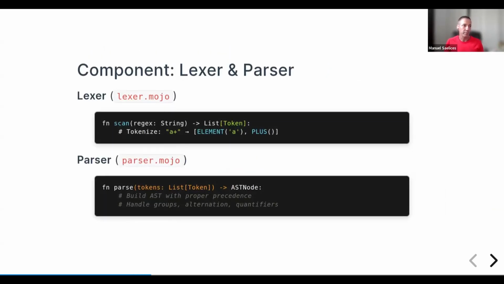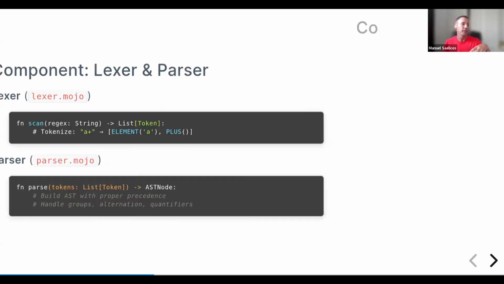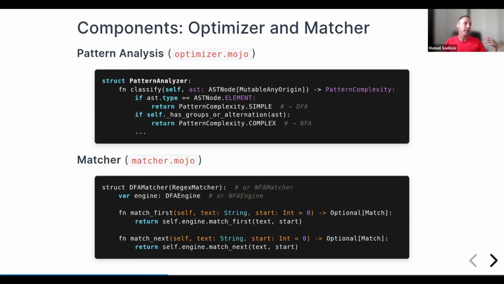So this is how the lexer splits the pattern into tokens. Then there is an AST node, which is what you get when you parse this list of tokens and you have a tree. And then finally, you optimize the tree with the pattern analyzer, which analyzes this tree and says, okay, what kind of tree do we have?